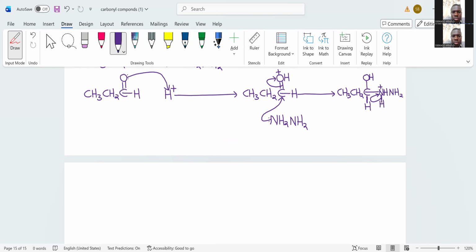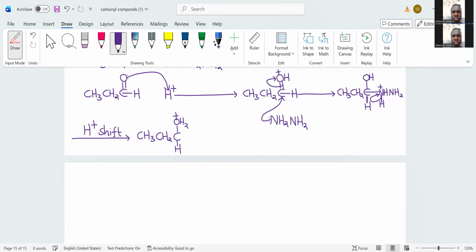Maybe I continue here. We have a hydrogen shift. A hydrogen shift that results in formation of CH3, CH2, C, H with the OH2, O has a plus.